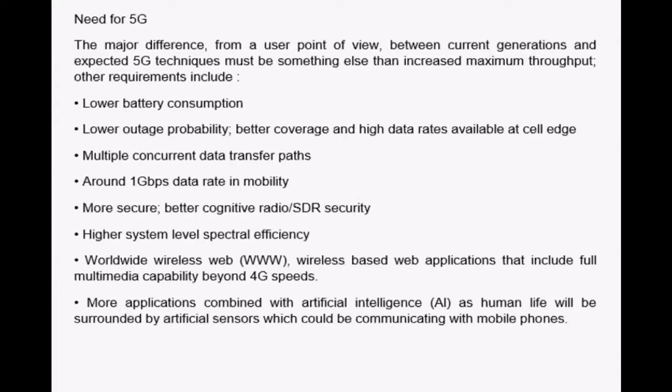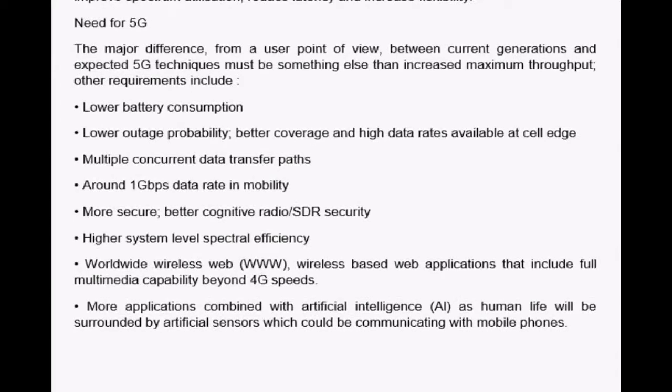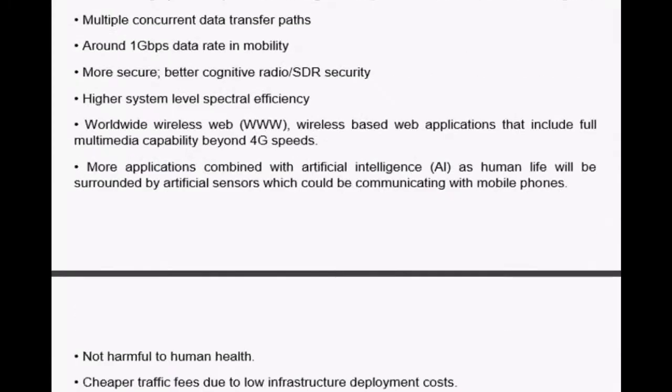Multiple concurrent data transfer paths, around 1 Gbps data rate in mobility, more security, better cognitive radio or SDR security, higher system level spectral efficiency, a worldwide wireless web, WWW, and wireless based applications that include full multimedia capability beyond 4G speeds, and more applications combined with artificial intelligence, AI, as human life will be surrounded by artificial sensors which could be communicating with mobile phones. So this is the main need for 5G.